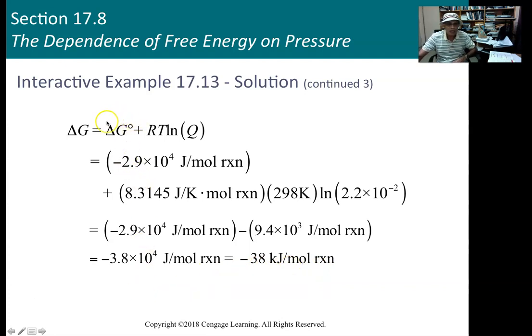Now this free energy term here was minus 29. This is minus 38. So in other words, this change essentially becomes a lot more spontaneous compared to what it was from the standard state.